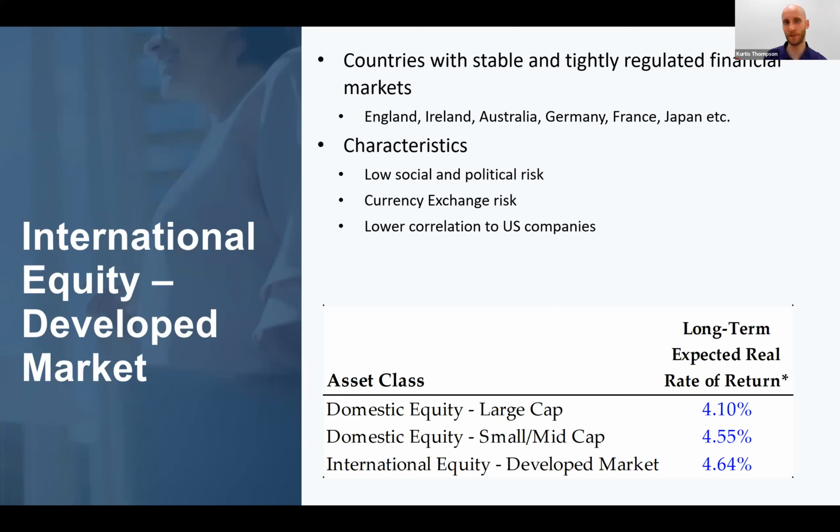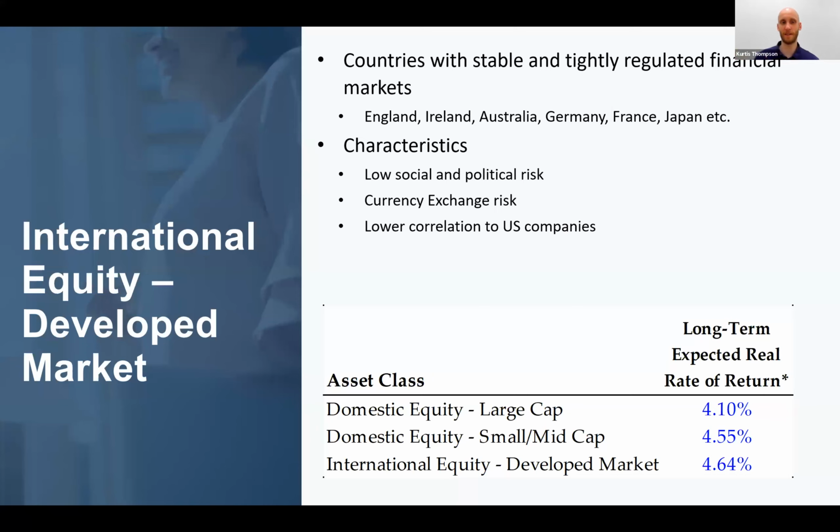And so examples of developed markets: England, Ireland, Australia, Germany, France, Japan. These are companies where their economies are pretty developed, and there's opportunities to invest in companies, and their stock markets look very similar to U.S. stock markets.